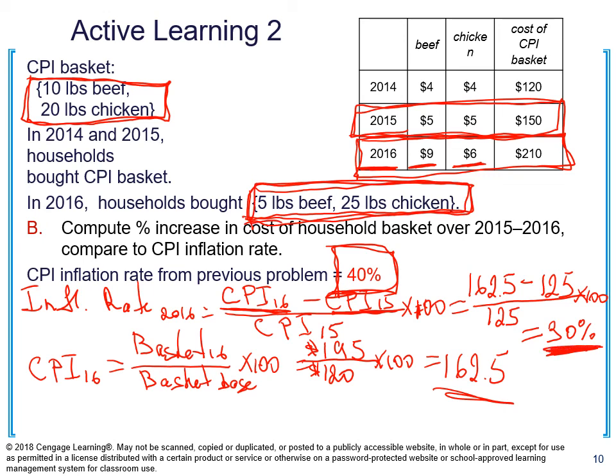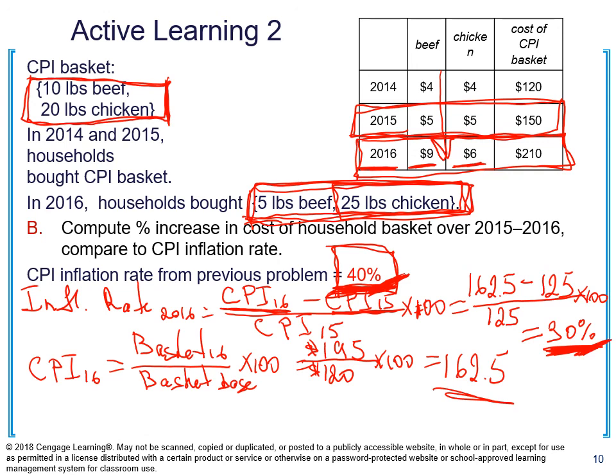So this is one of the problems with the CPI, and I want you to understand that because the consumer basket is fixed, the CPI that BLS reports is going to be overstated, because when the prices of goods and services increase over time, consumers are going to substitute to a cheaper good. So we're buying more chicken right now, it's cheaper. We call it substitution bias. And therefore BLS, still using fixed quantities, is telling us that the cost for a typical consumer increased by 40%, but in reality, the cost for a typical consumer increased only by 30%.